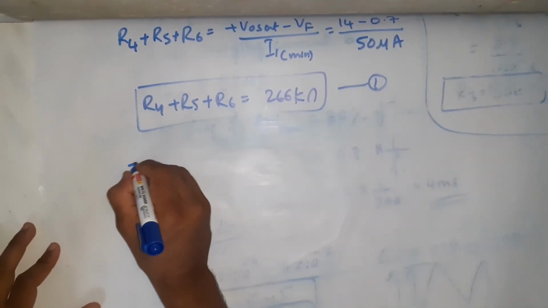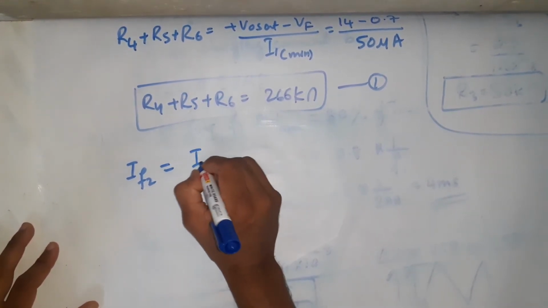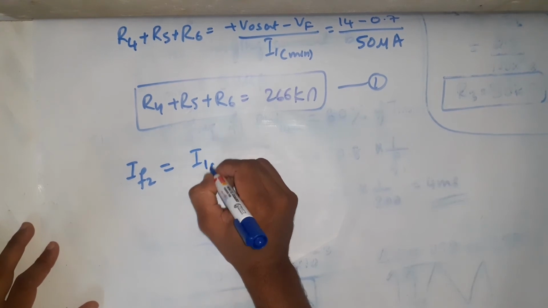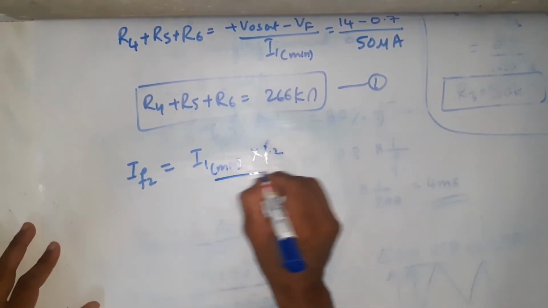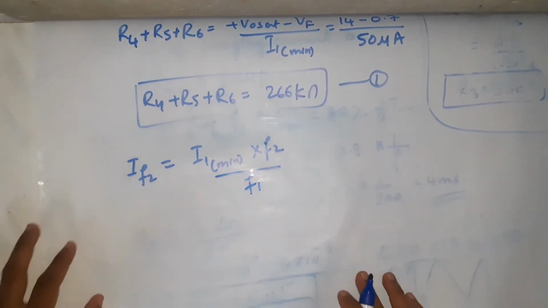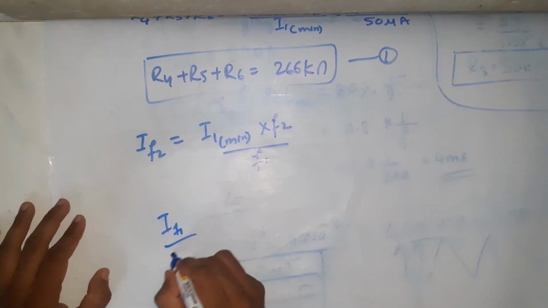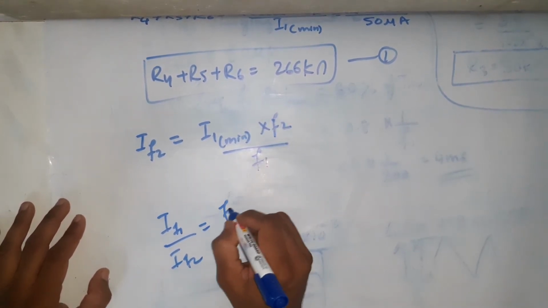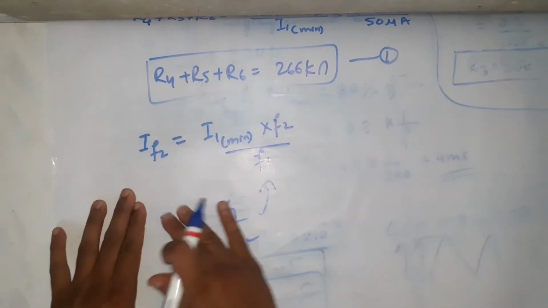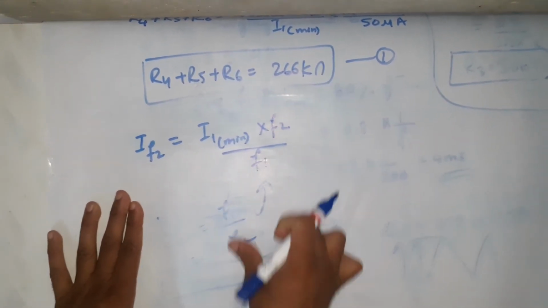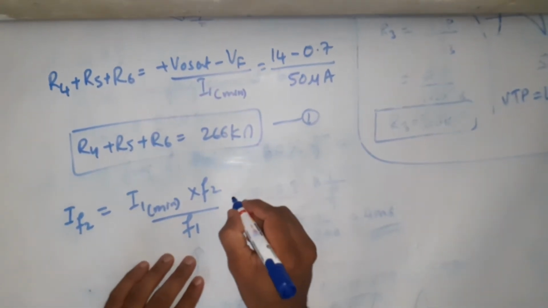Now I can write IF2 equal to I1 minimum into F2 divided by F1. How have I written this? Hope you remember this: IF1 divided by IF2 equal to F1 by F2. With this I have written this. You substitute here.